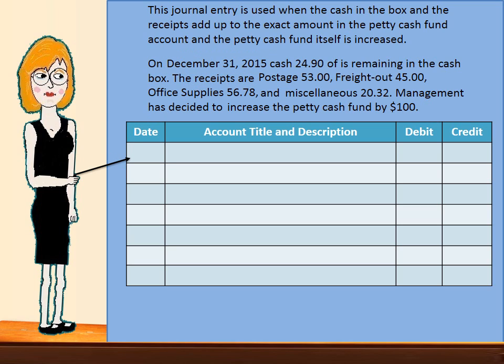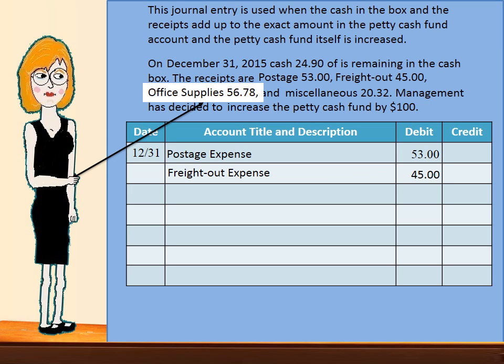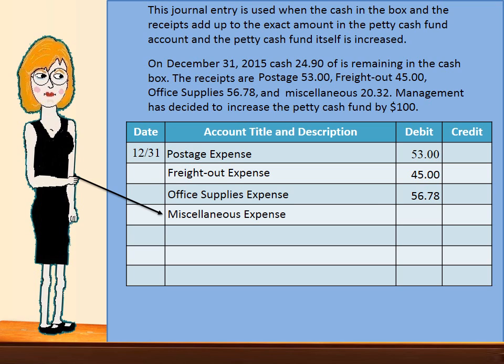So you have the date, place it under the date column. You have your expenses, which are postage, freight out, office supplies, miscellaneous, and then you have management increasing the account by $100.